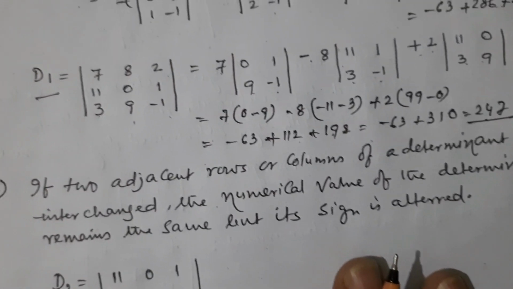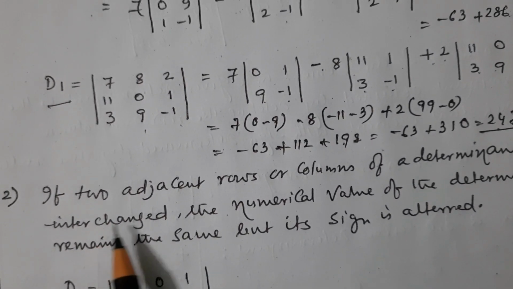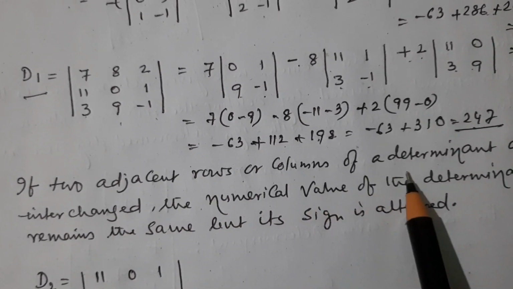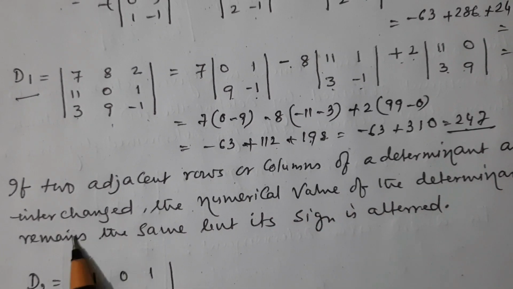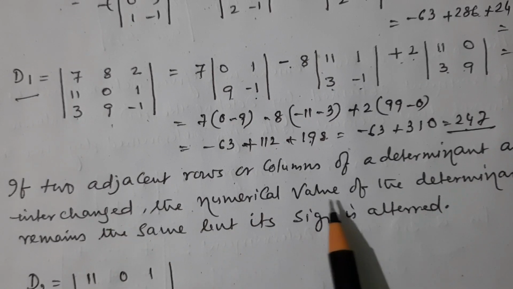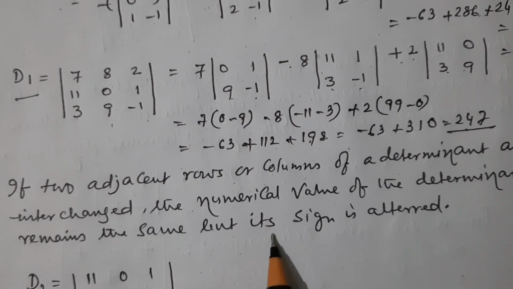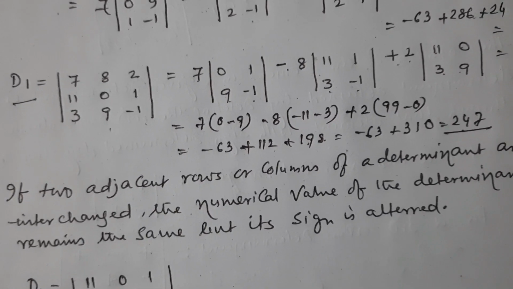Second property: if two adjacent rows or columns of a determinant are interchanged, the numerical value of the determinant remains the same, but its sign is altered.